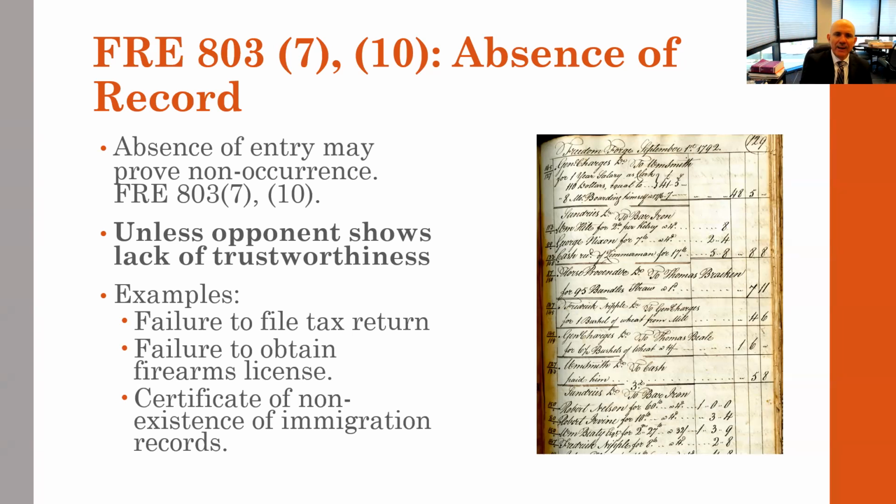There is no record showing that this person filed a tax return or obtained a firearms license or obtained an immigration permit, a visa, or whatever it may be. We can always argue lack of trustworthiness. The way those records are kept is deficient. We can also point to not just the way the records are kept, but also the fact that the search of the records was a shoddy search, an imperfect search, and that sort of thing.